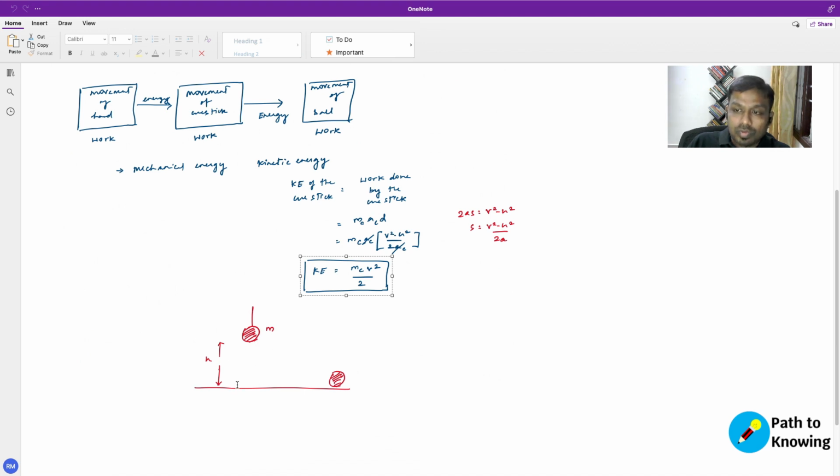So by virtue of moving an object away from the Earth, the object acquires that potential to do some additional work, and that's what we call potential energy. So potential energy is the object's capacity or potential to do some work when it is at rest.